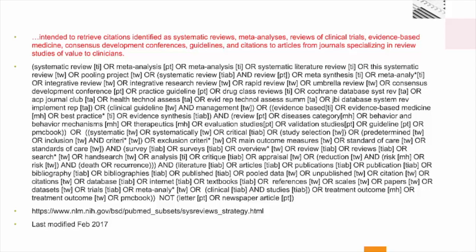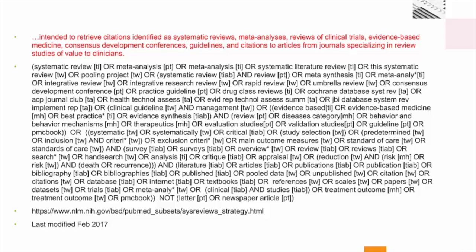And that's quite encouraging, because that sounds like it's going to be finding systematic reviews. But then the description of the objective of the filter broadens out quite a lot. So what you end up with is probably a filter that's quite a lot broader than systematic reviews.